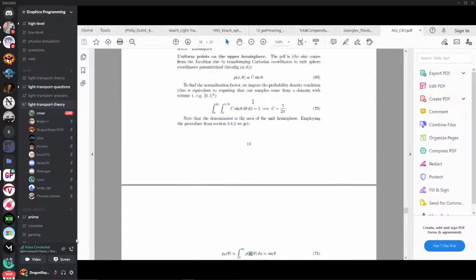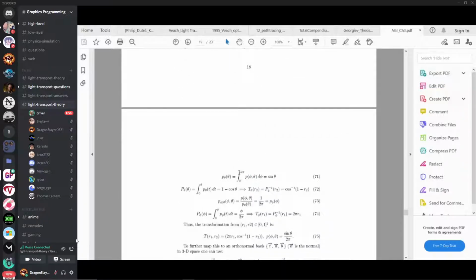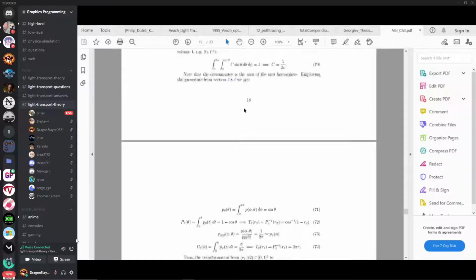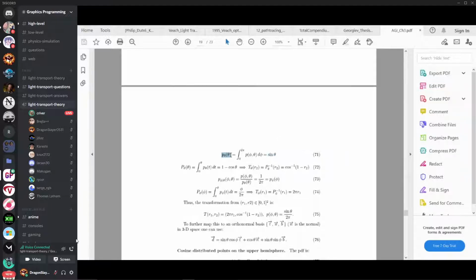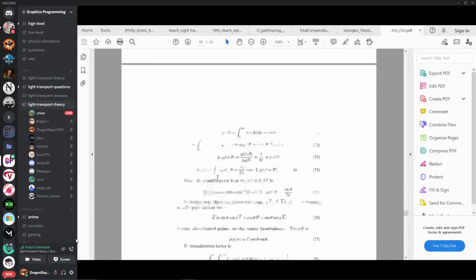We take this function and integrate out phi, and you get 2 pi. This cancels out here, and the probability density for theta remains as sine theta. You integrate this out, you get this. Now, if you invert the function, if I say R2 is equal to that, then if I move things around, I get the mapping that I want.